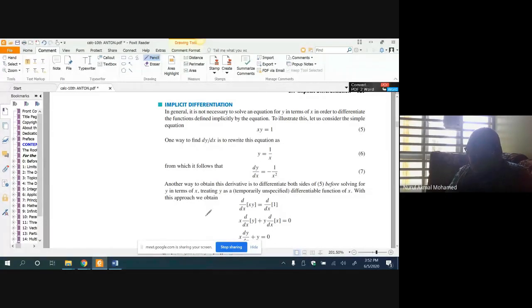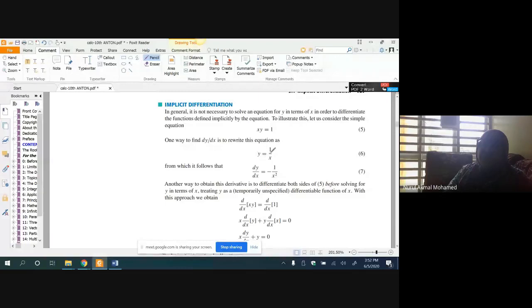So let's try to look at this method. Let's say you have xy equal to 1. You don't have to transfer y to the left hand side and the other expression to the right hand side so that y is the subject of the equation. But let's say you try to do it.